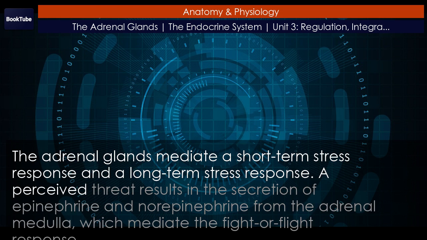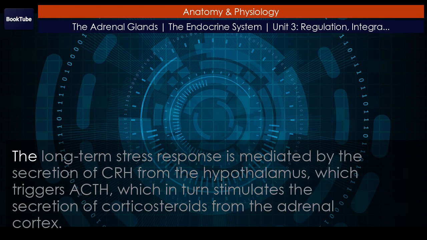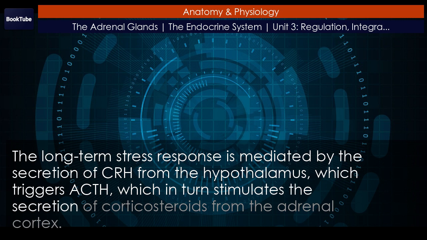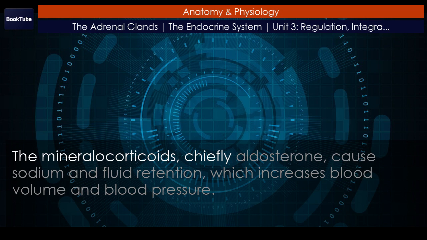A perceived threat results in the secretion of epinephrine and norepinephrine from the adrenal medulla, which mediate the fight or flight response. The long-term stress response is mediated by the secretion of CRH from the hypothalamus, which triggers ACTH, which in turn stimulates the secretion of corticosteroids from the adrenal cortex. The mineralocorticoids, chiefly aldosterone, cause sodium and fluid retention, which increases blood volume and blood pressure.